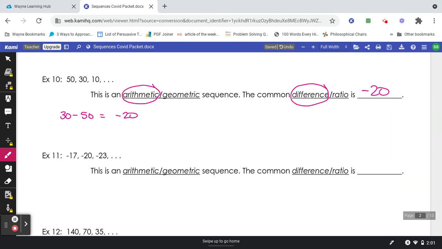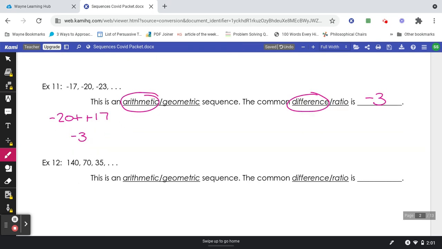Right, number 11, negative 17, negative 20, negative 23. Those look like they're jumping somehow by threes of some sort. So I'll do negative 20 minus negative 17 to get an answer of negative 3. And that's another arithmetic common difference.